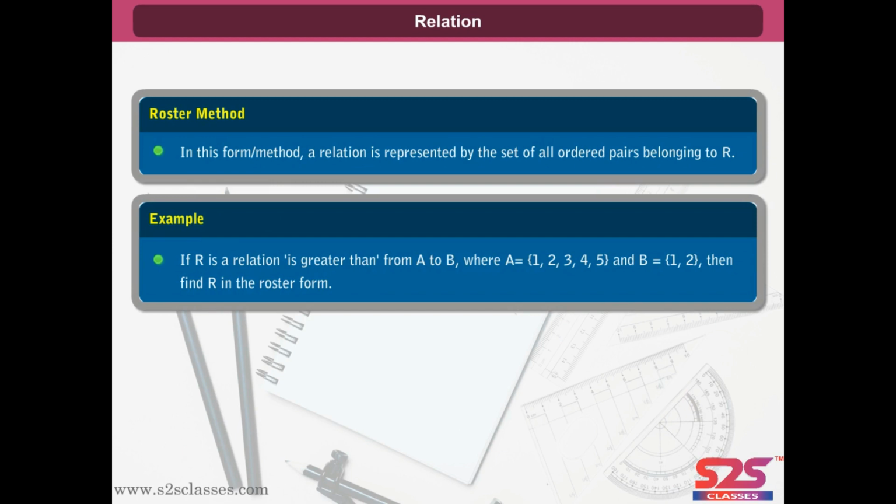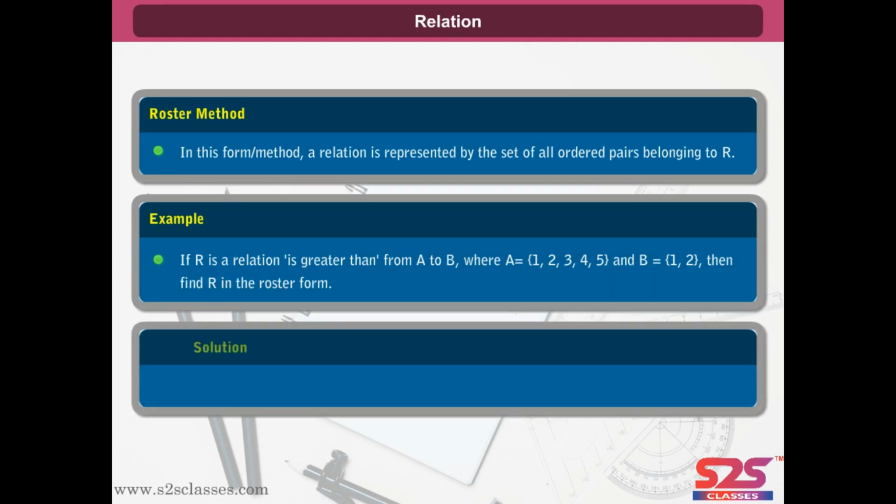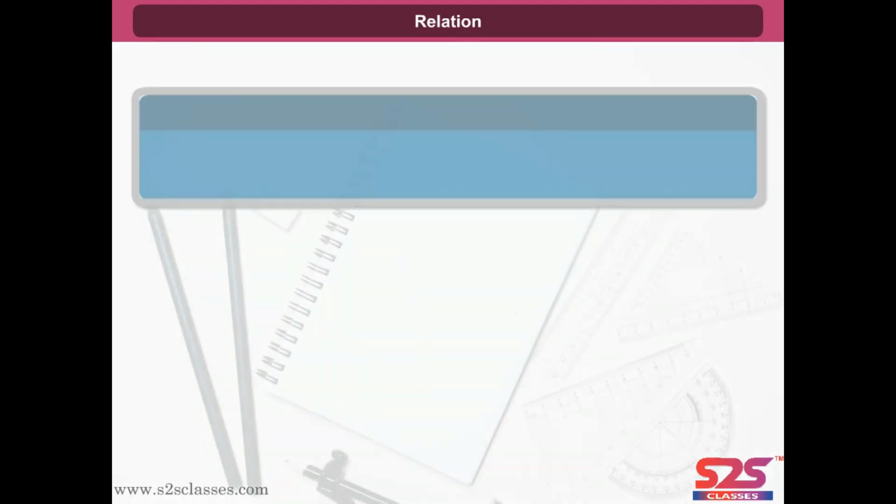If R is a relation "is greater than" from A to B, where the sets A and B are shown, then find R in the roster form. We can see from the solution that the relation is a set of 6 ordered pairs following the condition of greater than given in the question.